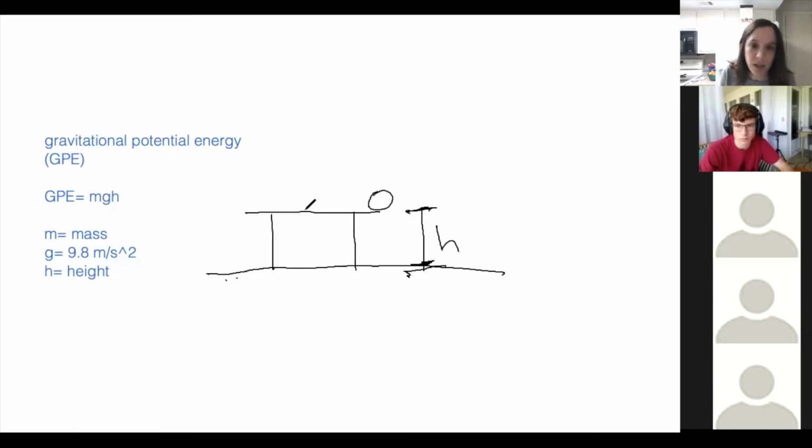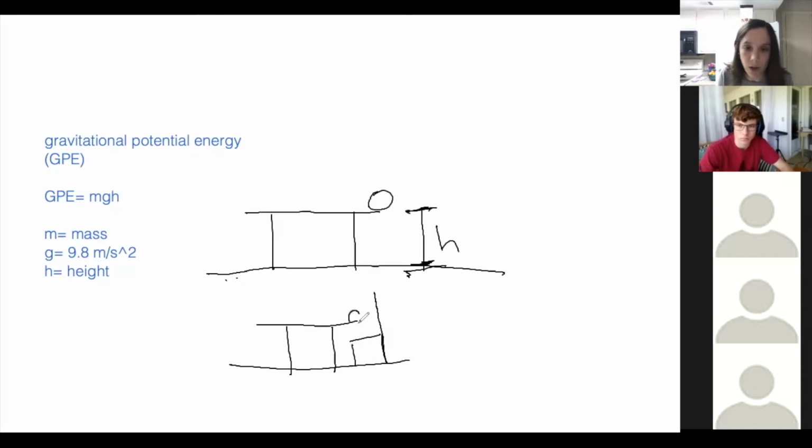But let's say instead you have this setup. Where you have the ball on the table, but it's right over a chair. So if you think about what can happen here, the ball could hit the chair.